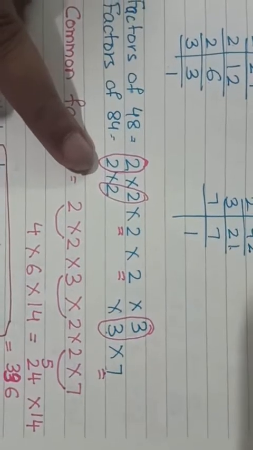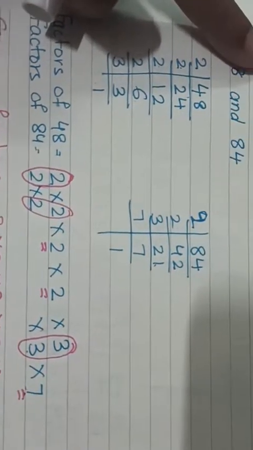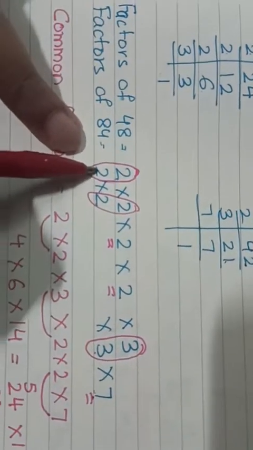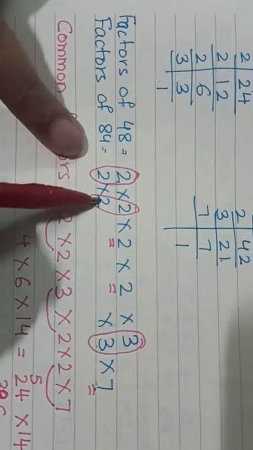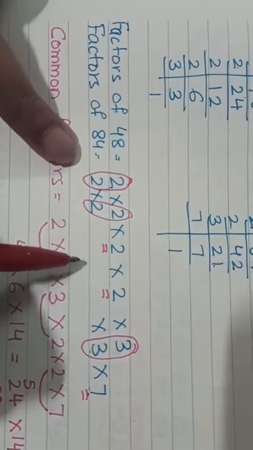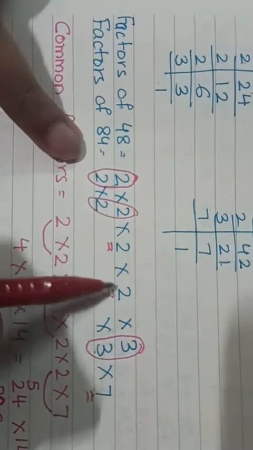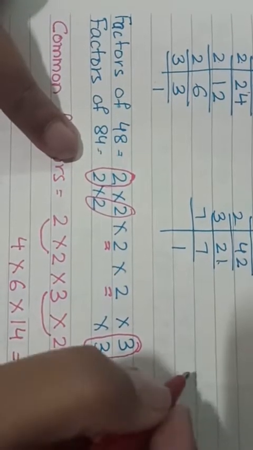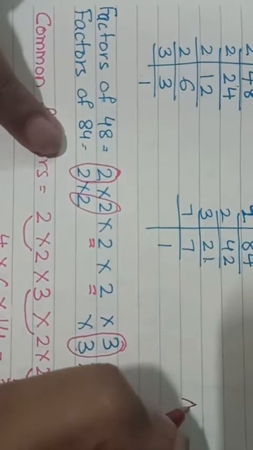Children, yesterday we did this prime factor method for HCF also. There, we were using only those factors which are common. But for LCM, we will be using the factors which are not common also. So, I have made a code for this.